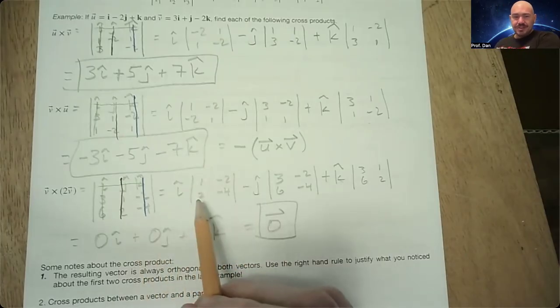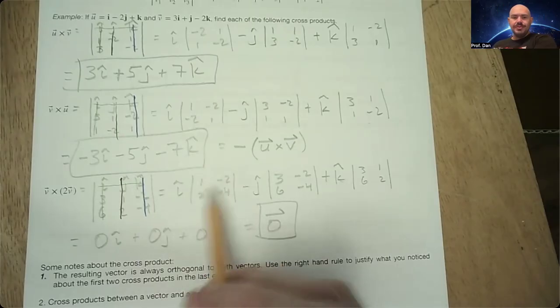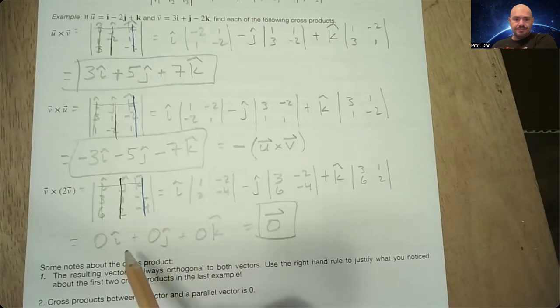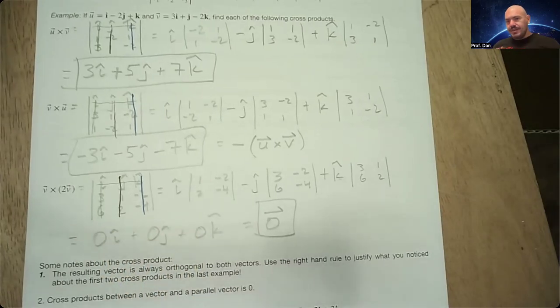So as long as this second row is a multiple of the first row, the component for that direction is going to be 0. Meaning that if I take the cross product of a vector and any multiple of itself, I'm always going to get the 0 vector. It's another interesting property of cross products.